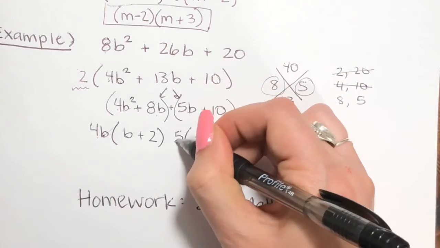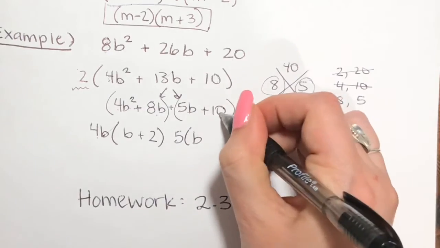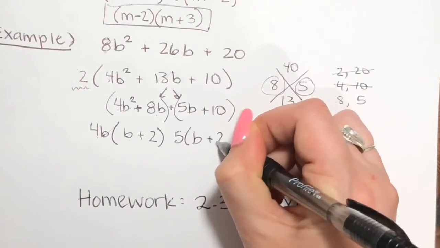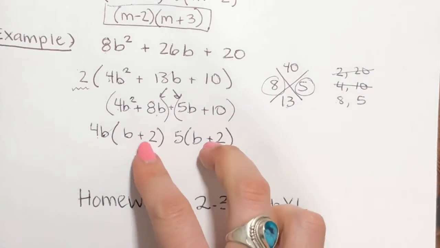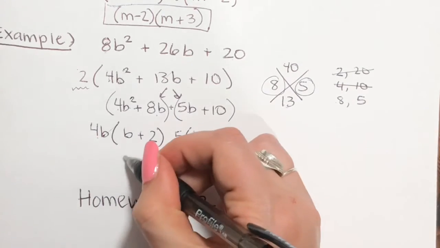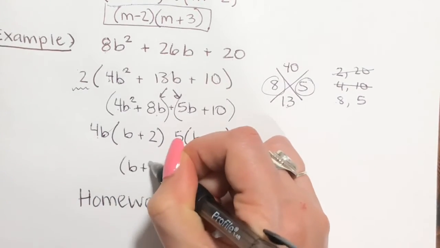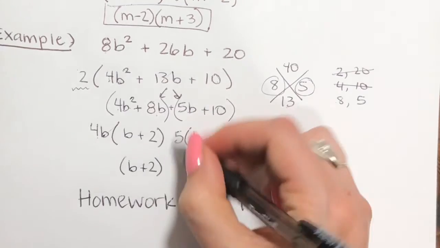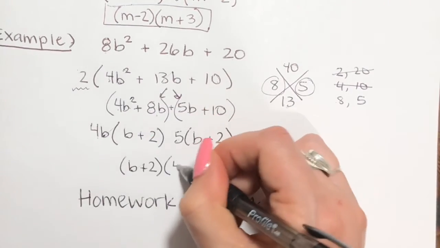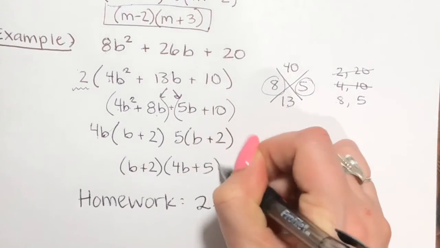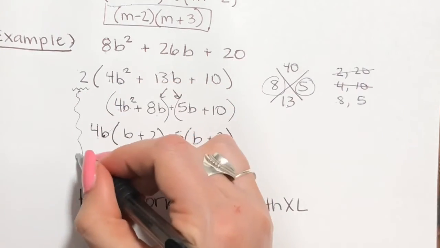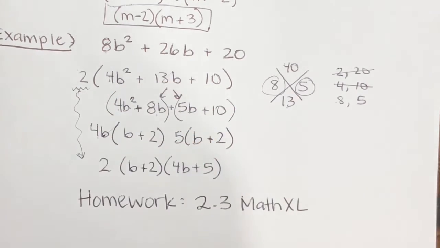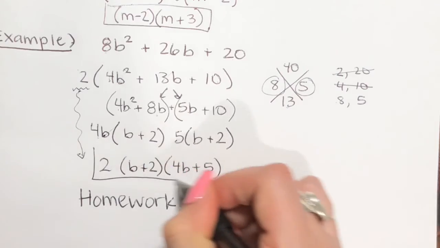So 5b divided by 5 is 1b, and 10 divided by 5 is 2. We have the b plus 2's, which match, so we're good. So for my answer, I have 1 of the matching pieces, and then the 4b plus 5 goes on the inside. But again, we can't forget this little guy. The 2 needs to still come down here, and that goes just in the front.